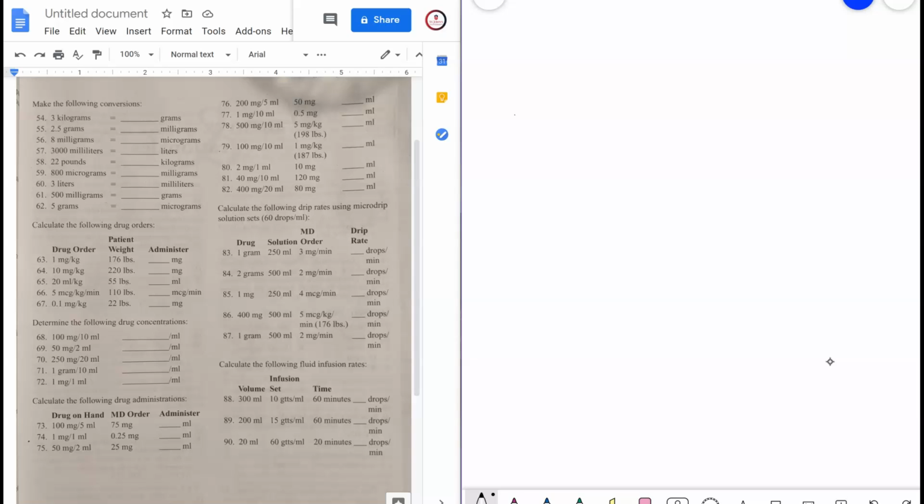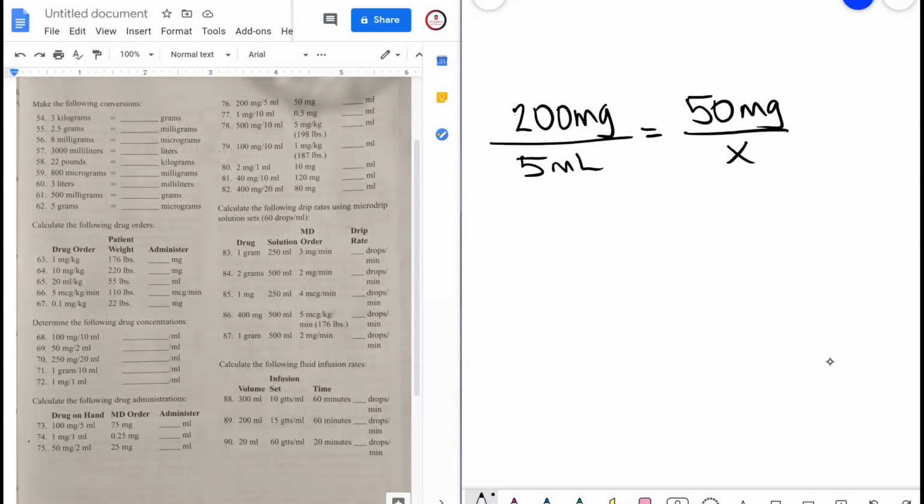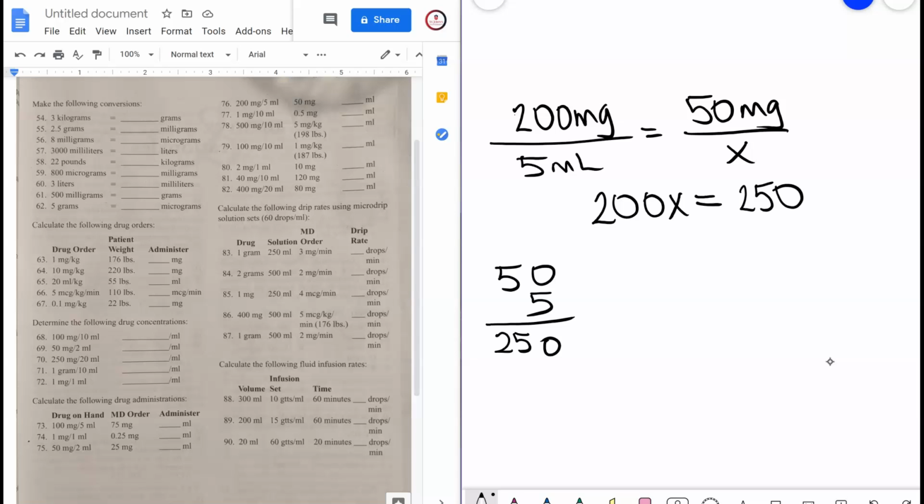All right, so now up top on 76, we have a 200 milligram in 5 mL package, and you want to give 50 milligrams. So we're going to do 200x equals, let's do some quick math over here on the side, 50 times 5 is 250.